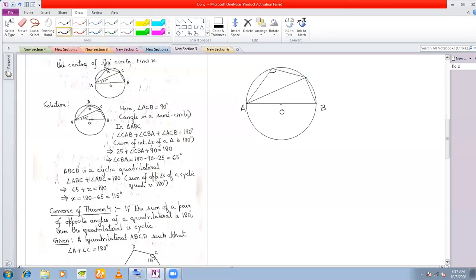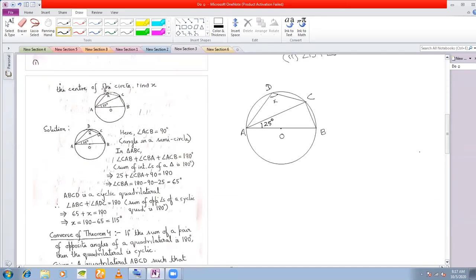So here this angle is given to you as X. This angle is given to you as 25 degree. These points are given to you as C and D. Okay. The question here is find the value of X.